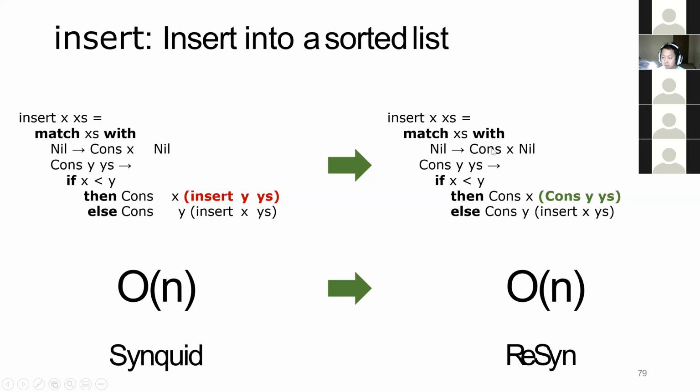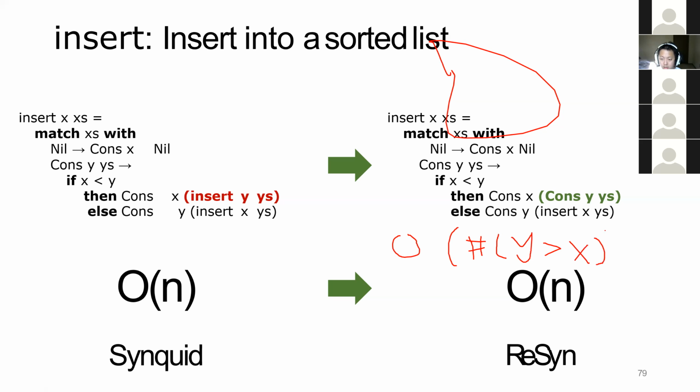Sorry, how can we write this? It should be the big O of the number of elements y greater than x, or y less than x.